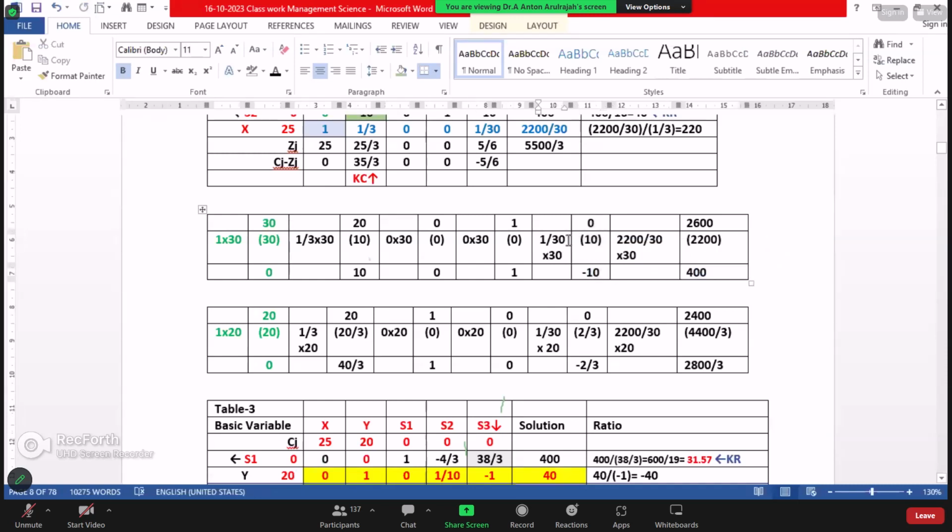My students, this one minus 1, 1 into 30, multiplied by 30.